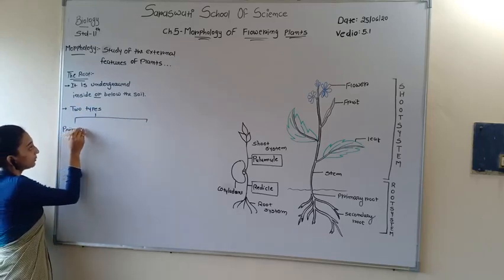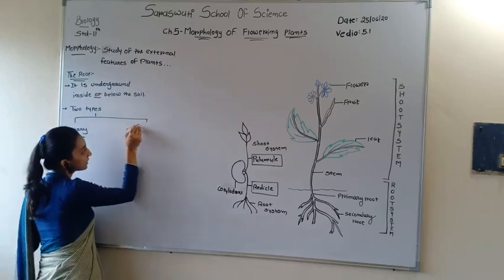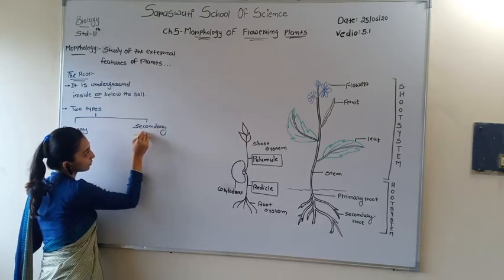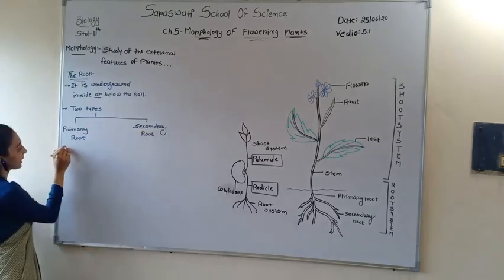First one is primary root and second one is secondary root. What is the difference between primary root and secondary root?